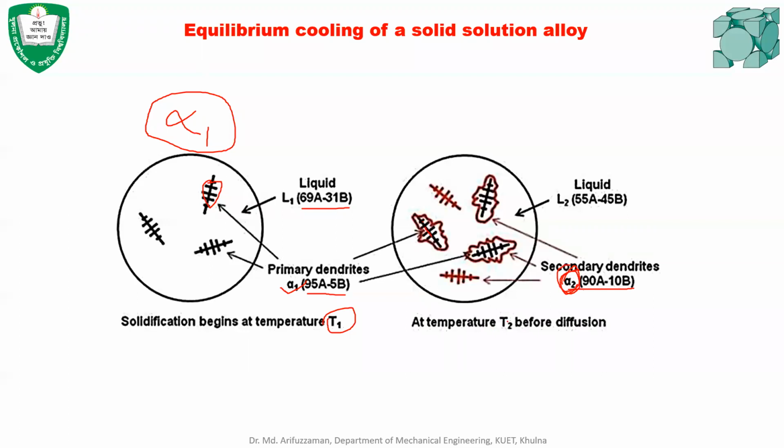That is what occurs at temperature T2, and eventually at equilibrium temperature of T2 after diffusion, all the solid dendrites will be solid alpha 2, and composition will be 90A 10B, and liquid composition will be 55A and 45B.